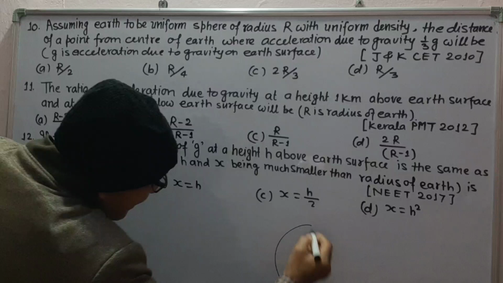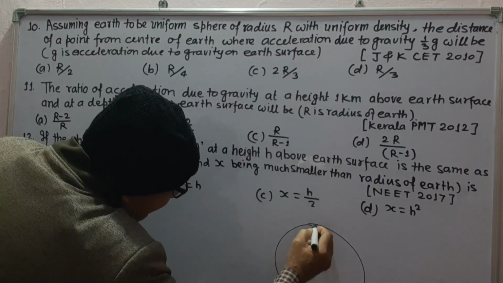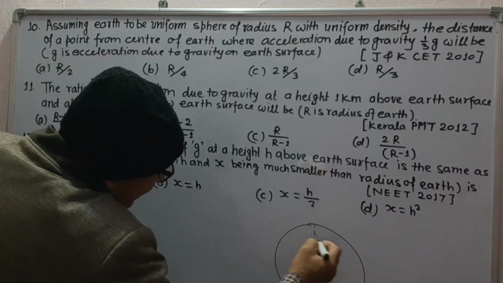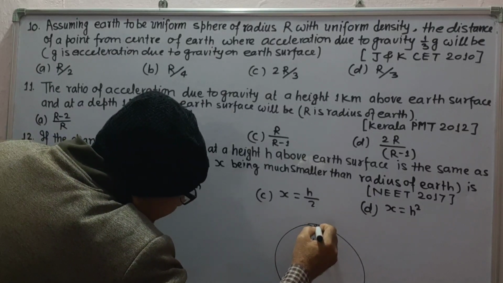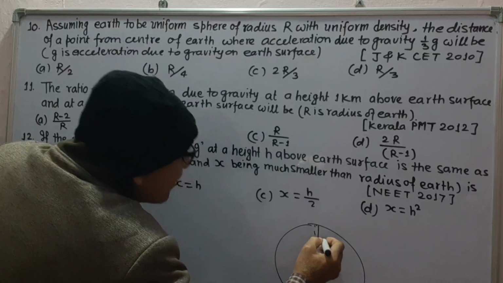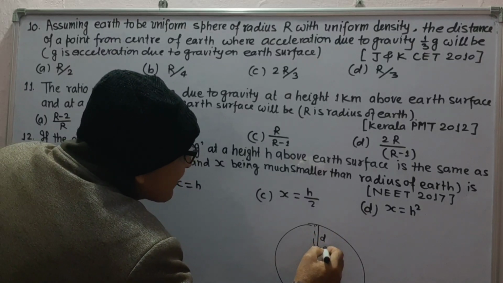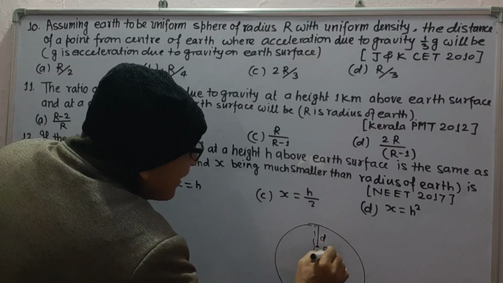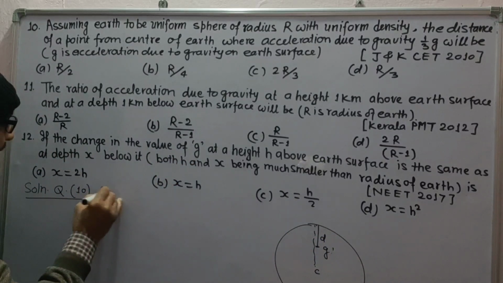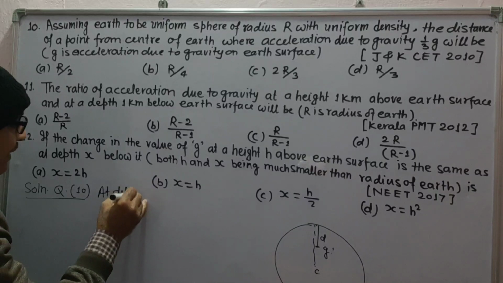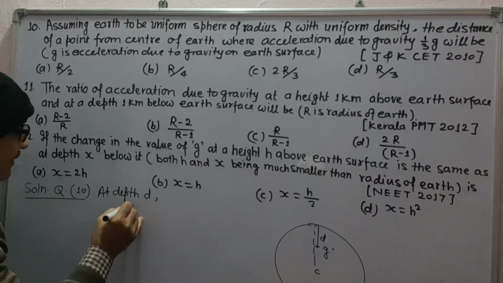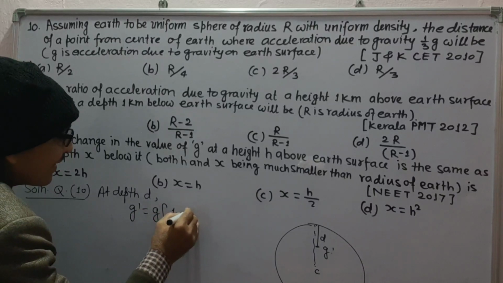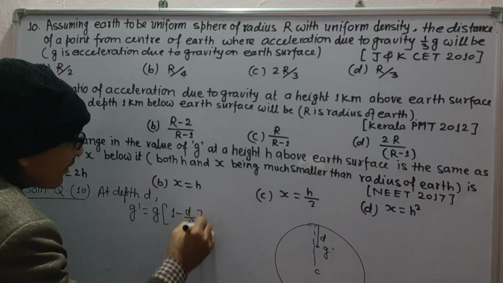Suppose this is Earth of radius r, and this is the center of Earth. We know at depth d, the acceleration due to gravity g dash is equal to g into 1 minus d upon r.